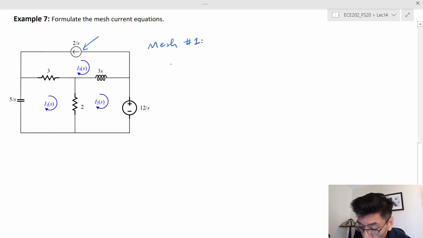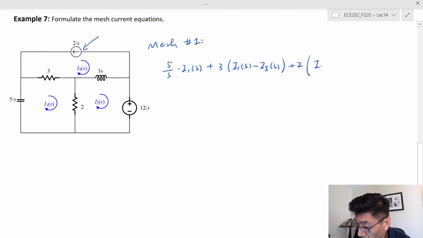So in this case, I still have 5 over s times I1, plus 3 times I1 minus I3, plus 2 times I1 minus I2, and that's equal to 0.